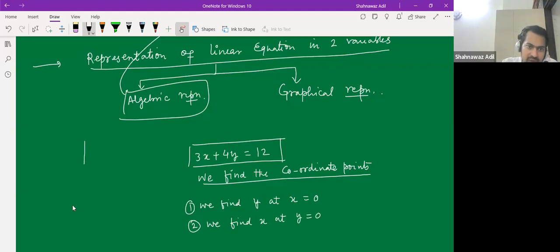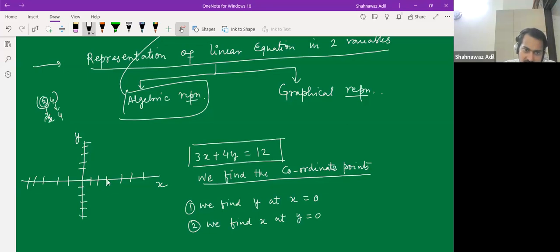Because to represent something on a graph, what do we need? We need x points and we need y points, right? Let's say if I want to denote 3 comma 4, in the x direction I will move 3, and in y, I will move 4.